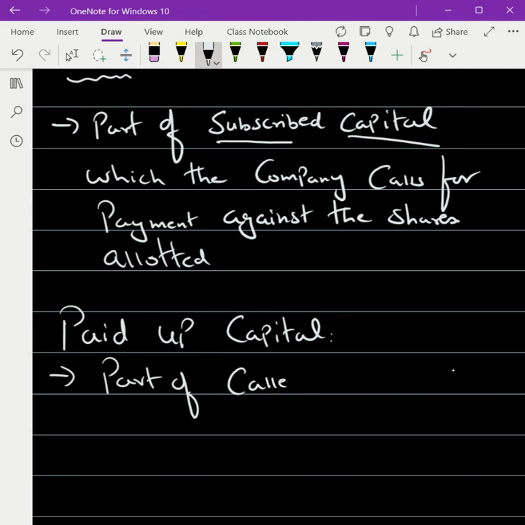Called up capital. It is a part of your called up capital for which the company has received the money from the shareholders against the value called on the shares. So it is a part of your called up capital which has been actually paid by the shareholders.